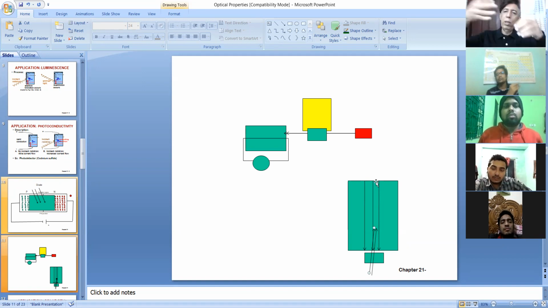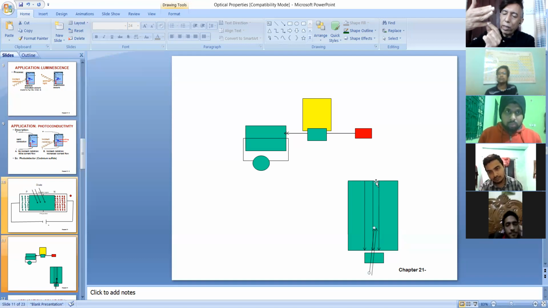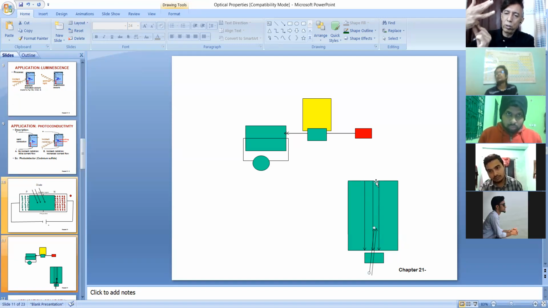Say for example, these are the money, and infrared light is coming through this way. If a note comes, then infrared light is obstructed. If a note goes, then infrared light is flowing again. If a note comes again, the infrared light is obstructed.